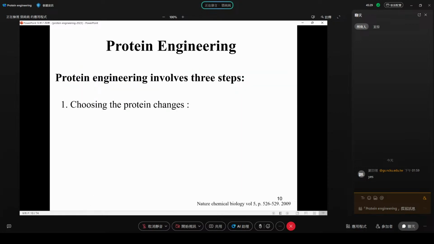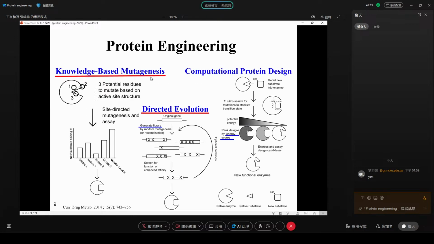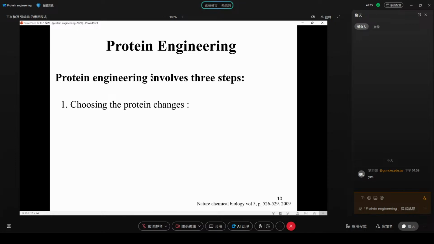Okay, so let's start with so-called knowledge-based mutagenesis. The first part, the most difficult part, is quite challenging for your knowledge. You have to choose which part of the protein, which residue, you want to change. Is there any good way to change it?